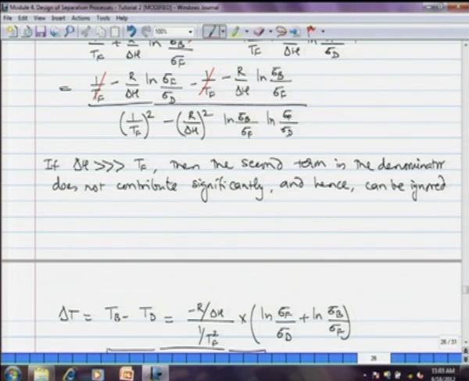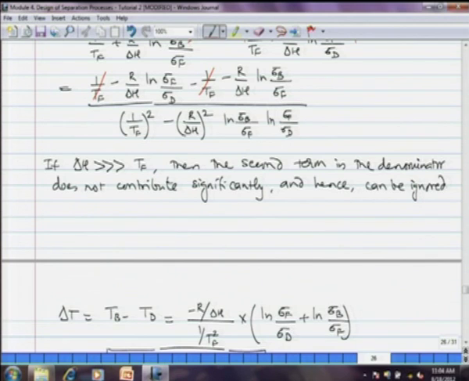If you look at the two terms in the denominator, 1 by Tf square and R by delta H square into ln sigma B by sigma F into ln sigma F by sigma D. If you see the numerical values, delta H is typically, let us say, 1500 or 2000 kilojoule per kilomole, and R is 8.3, the universal gas constant, so it is 8.3 joule per mole per Kelvin.